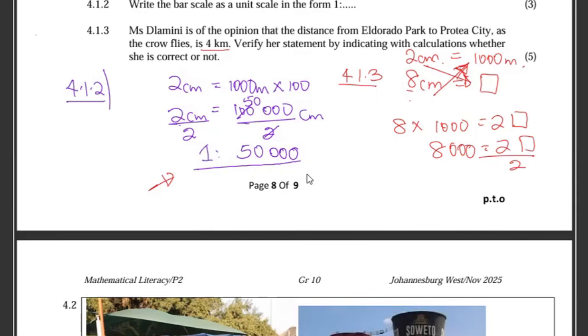What do we do? Divide by 2. This goes with that. So the distance is, but these are meters. The person wants kilometers. What happens? You divide by 1,000 to make them kilometers. Wow. So we have 4 kilometers.